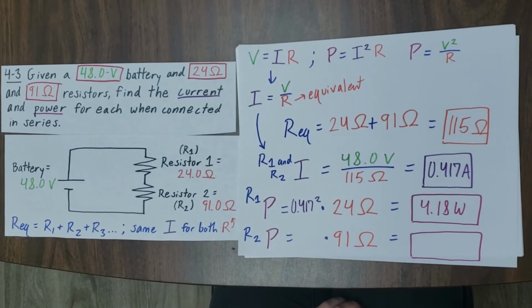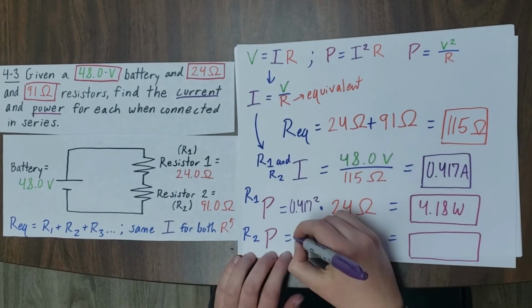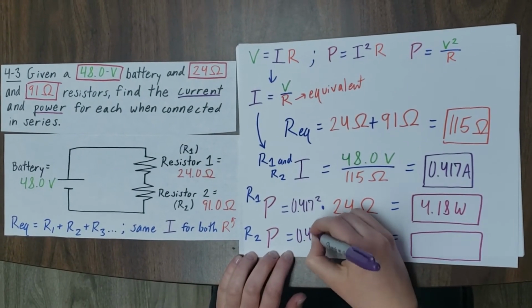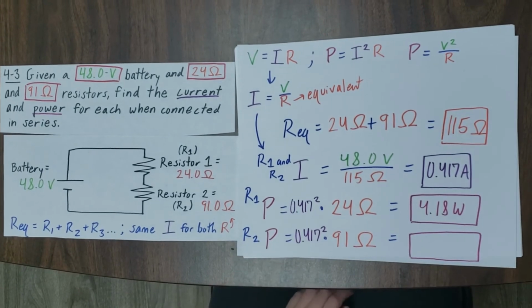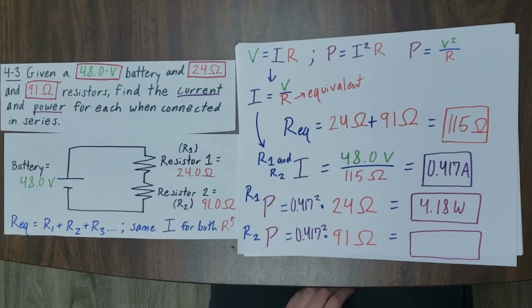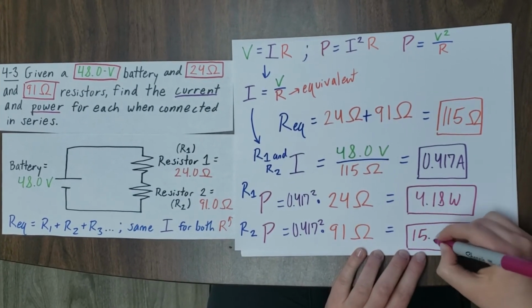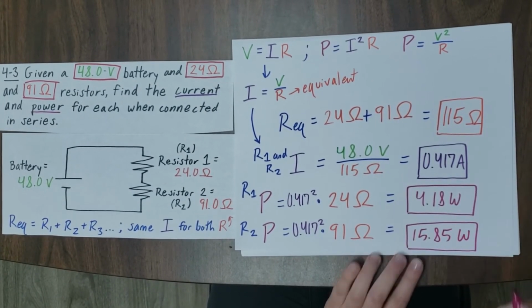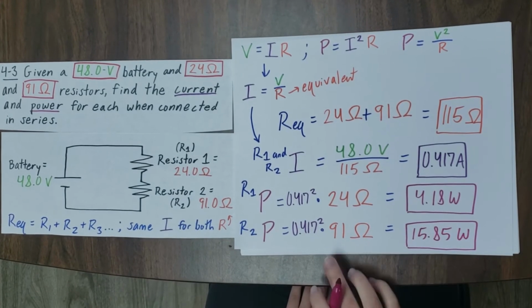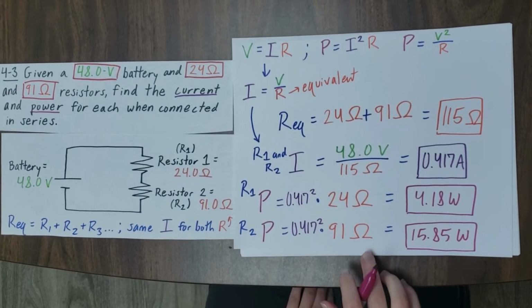And for resistor 2, we get that 0.417 amps squared times 91 ohms equals 15.85 watts.